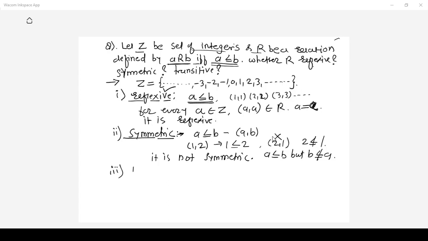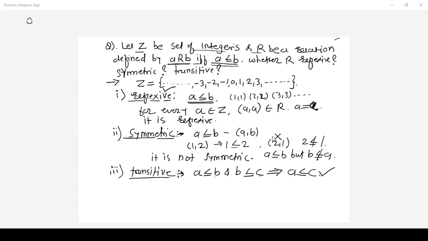The third is transitive. According to the relation, if A is less than or equal to B, and B is less than or equal to C, it implies that A is less than or equal to C. A is less than B and B is less than C implies that A is less than C. So it holds true.